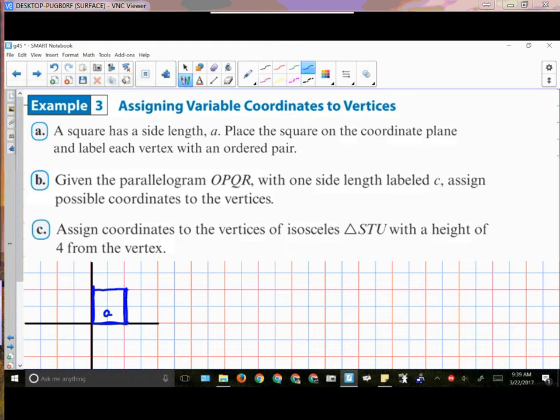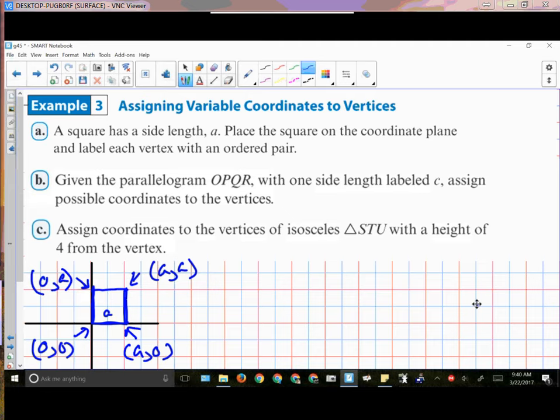Okay. So, what are the ordered pairs going to be? Well, that's going to be 0, 0. Now, again, I try and use the origin as often as I can. Since this distance here is A, this one here would end up being A, 0. This one over here is going to actually be A, A. And this one over here turns out to be 0, A. I don't know what A is.